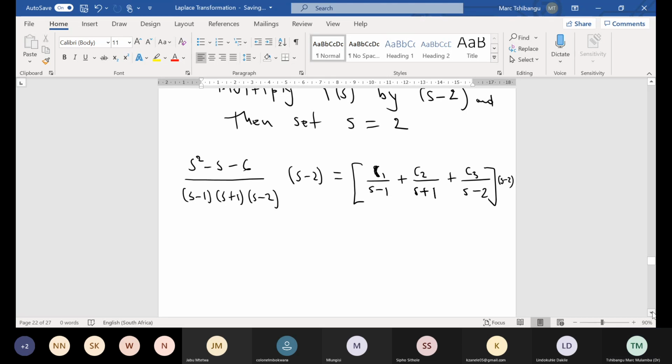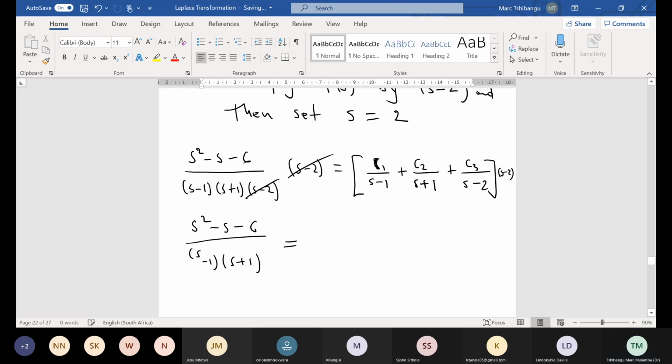Cancel common terms, these two like terms go out. Then we have (S squared minus S minus 6) over (S minus 1)(S plus 1) equals, when we distribute S minus 2, C1 times (S minus 2) over S minus 1 plus C2 over S plus 1 times (S minus 2) plus C3. When you distribute, the S minus 2 will cancel off.